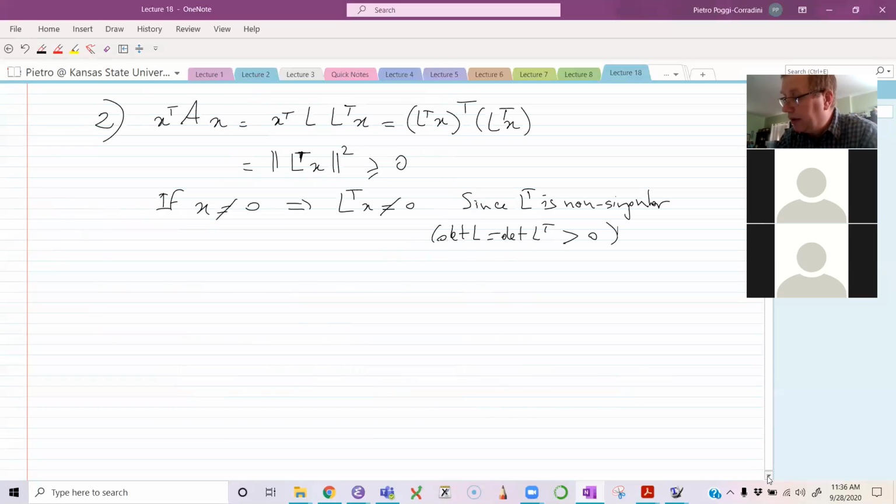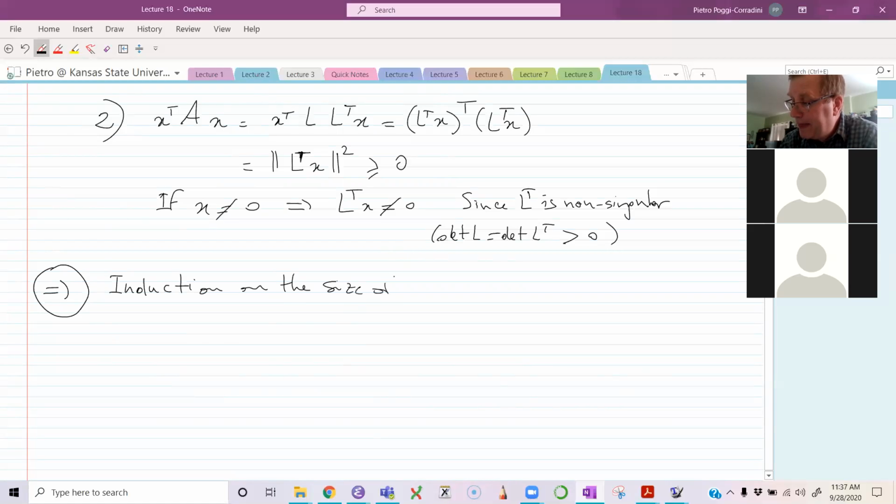So what about the other direction? Now we want to show that if you are SPD, you have a Cholesky factorization. And again, this is a typical thing where we're going to do an induction on the size. Let me forget about the base case, etc. Let's just go ahead and set up the induction step.